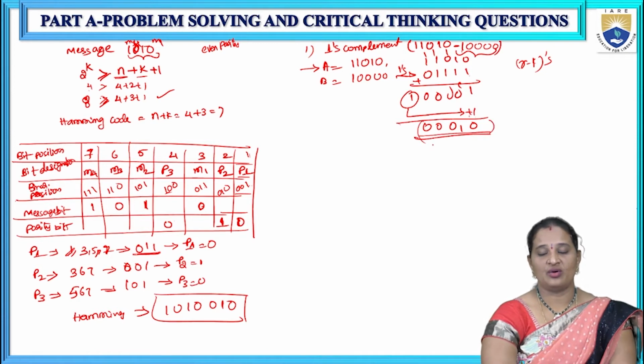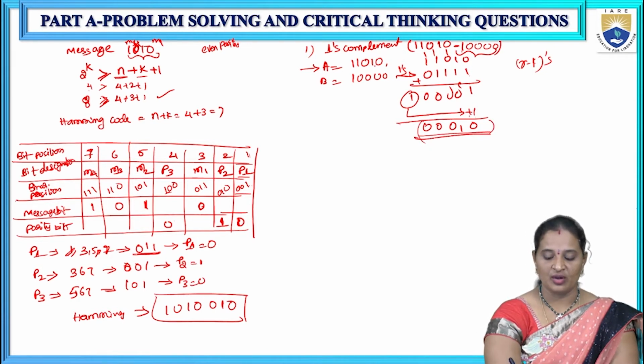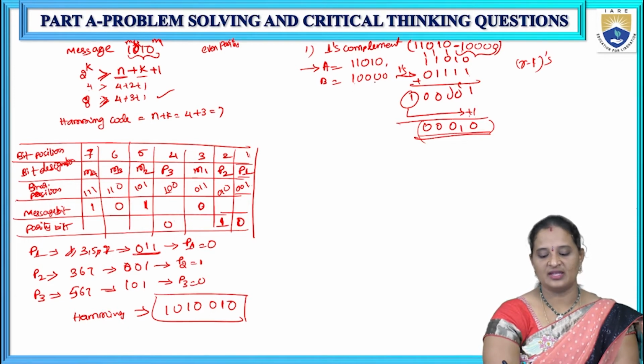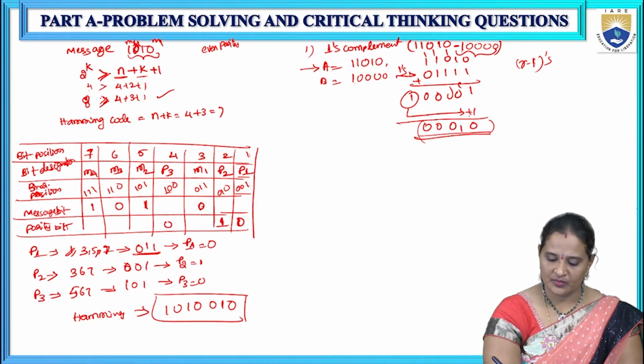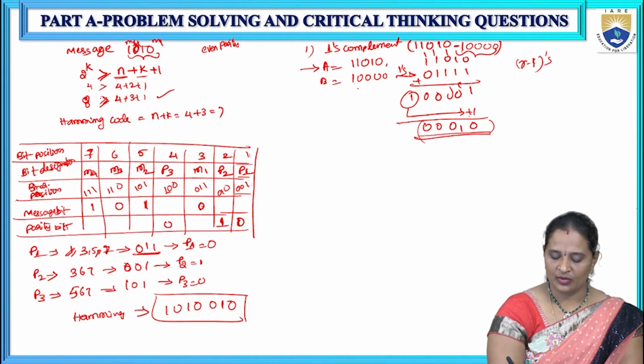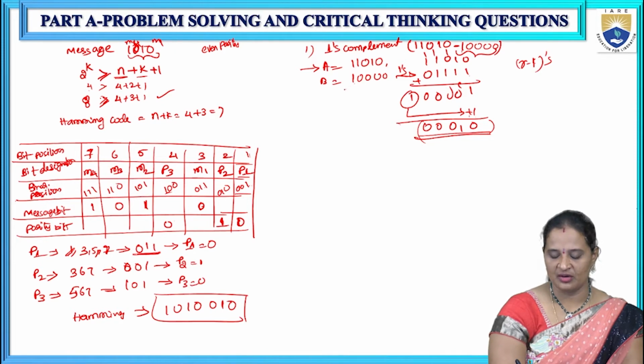If you have any doubt, you can cross-check it. What is the decimal equivalent of this one? Just a second. Okay, if you perform the subtraction here, what will I get?